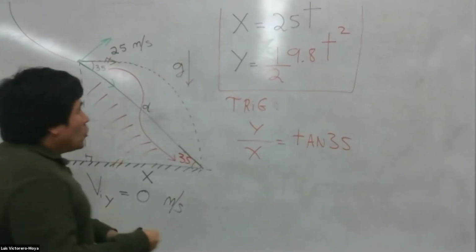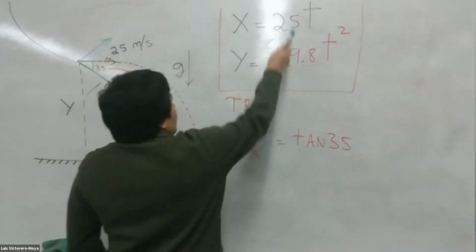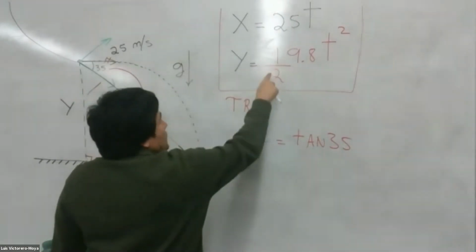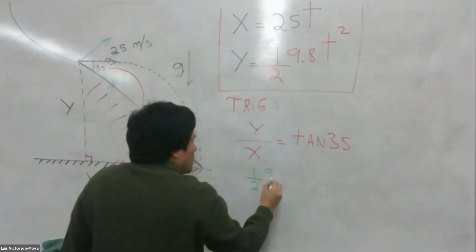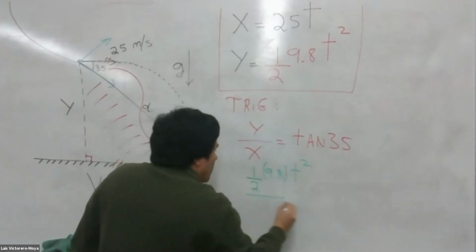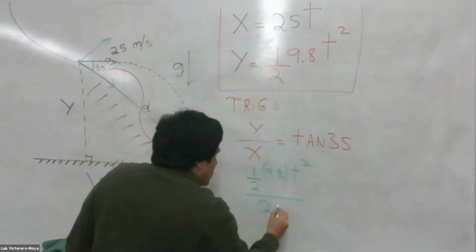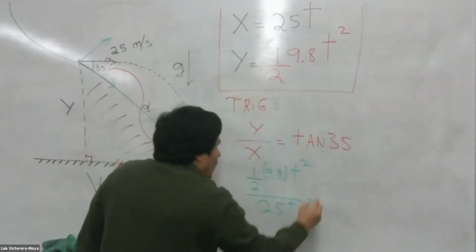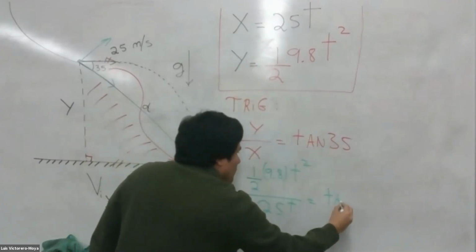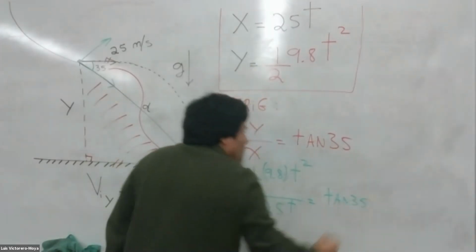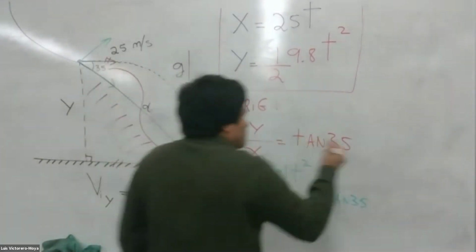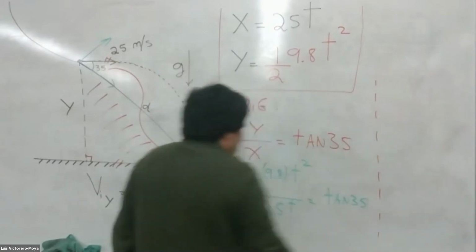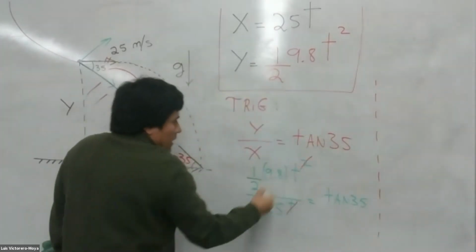Now, I will use my equations for y and x. y is 1/2 times 9.8 times t squared and x is 25 times t. That's equal to the tangent of 35. Now I will solve the equations here. Time with this time cancels.